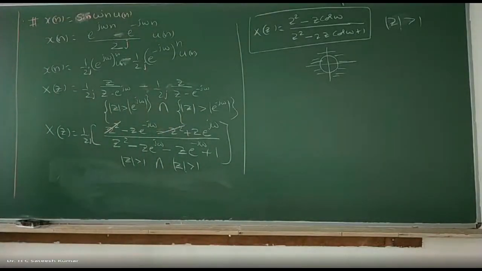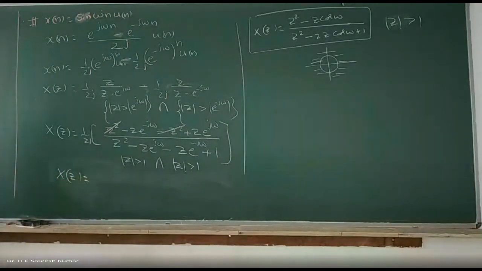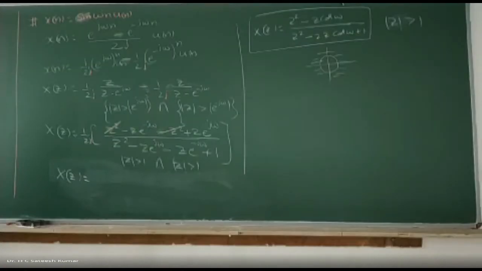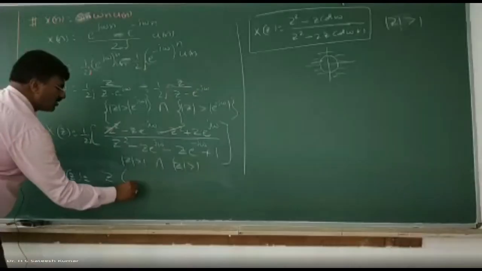Okay, right. So now you can write X of z is equal to 1 by 2j you have taken common. So z you take common in the numerator. What will you get?